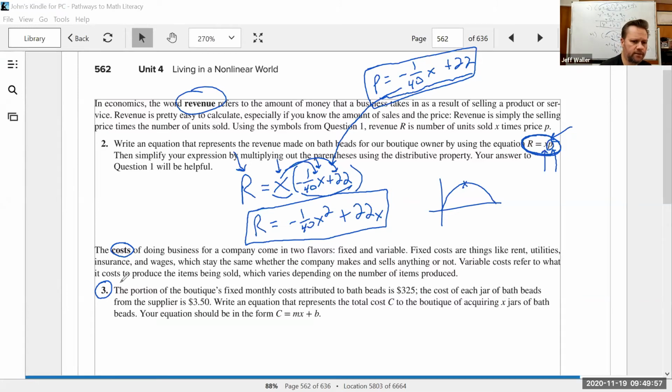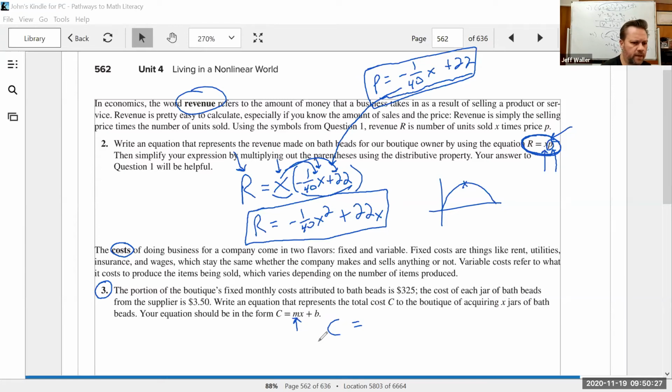Do you guys see that? Do they tell me what the slope is? Remember, another name for slope is rate. Do they tell me what the rate of cost is? Anybody?